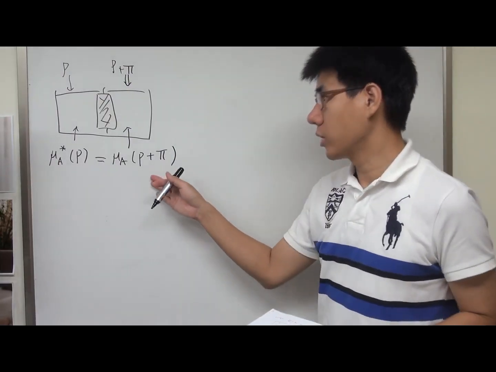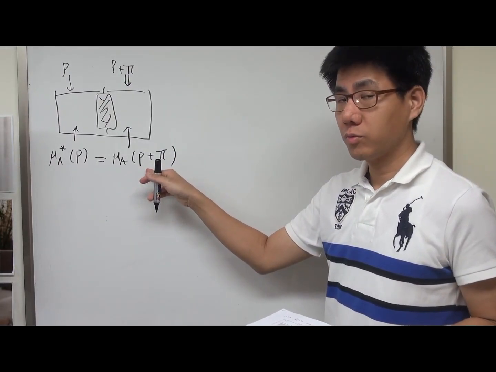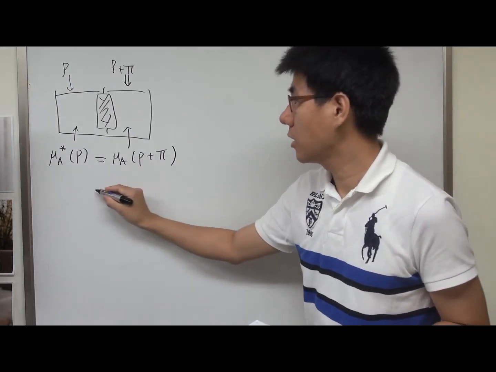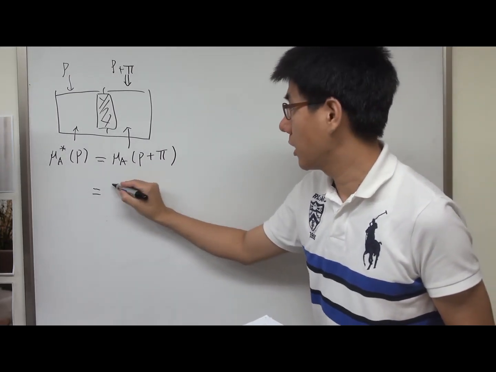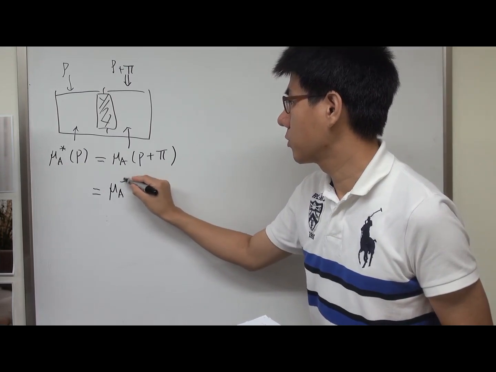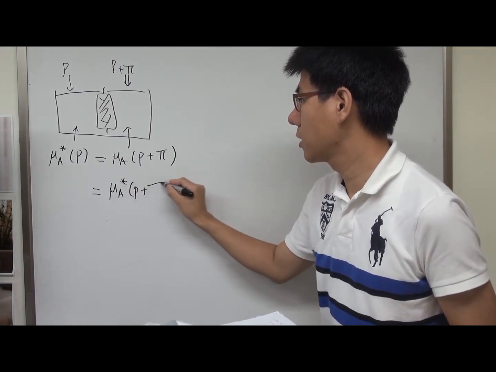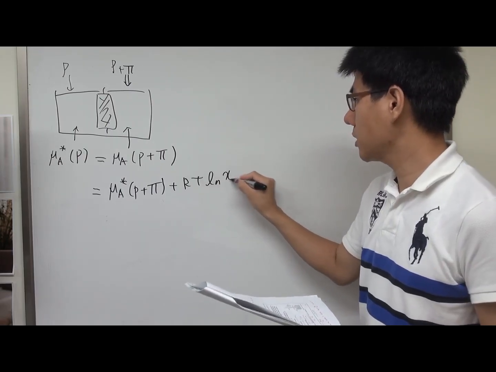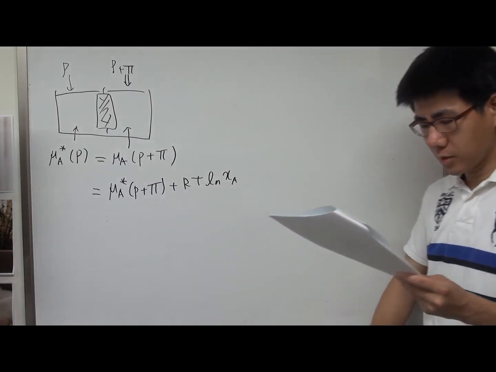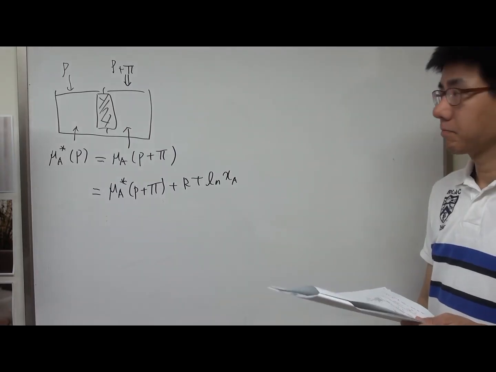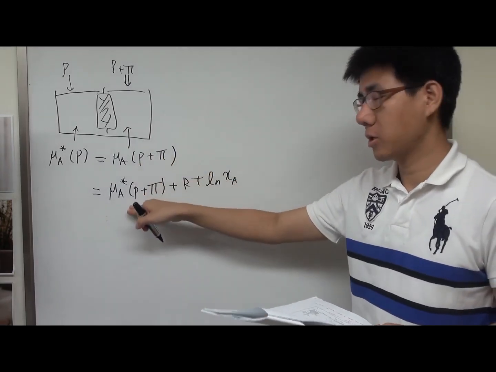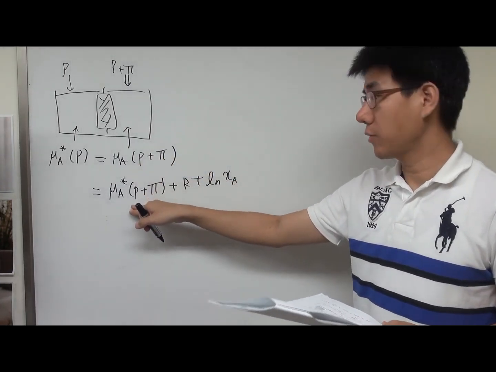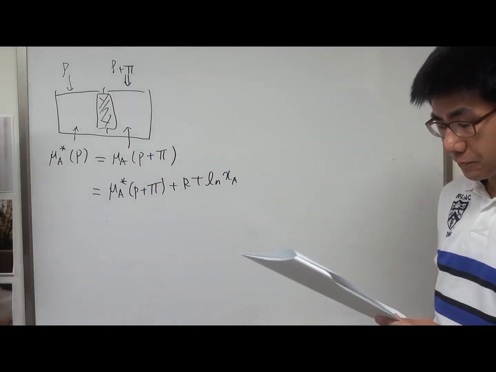And we know that for the solution, the chemical potential can be expressed as mu A star plus RT ln XA. Remember? The chemical potential of the solution is the chemical potential of pure solvent plus RT ln XA.